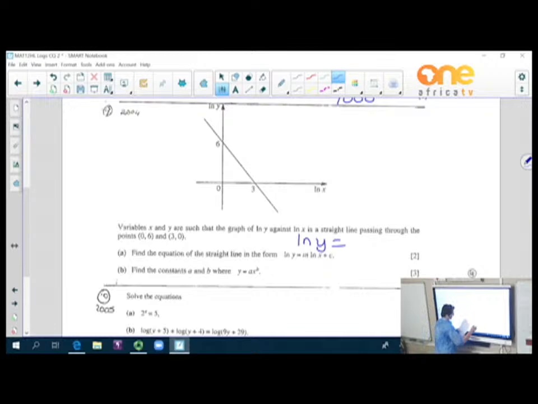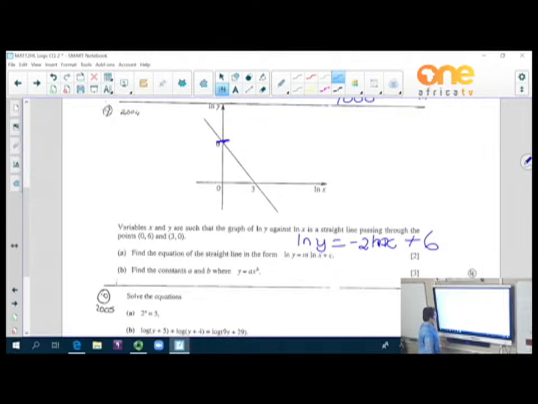The gradient for this one now is negative 2 ln x, and what is c? Plus 6. So we can just read it off from the graph. The gradient is negative 2 ln x, and the y-intercept then 6.